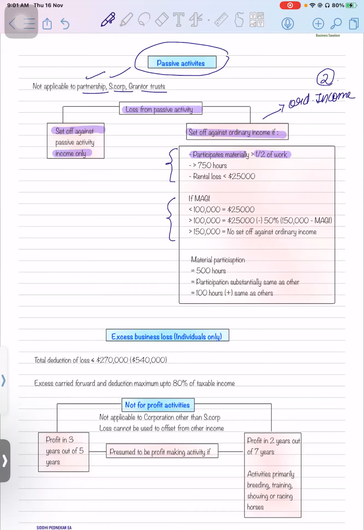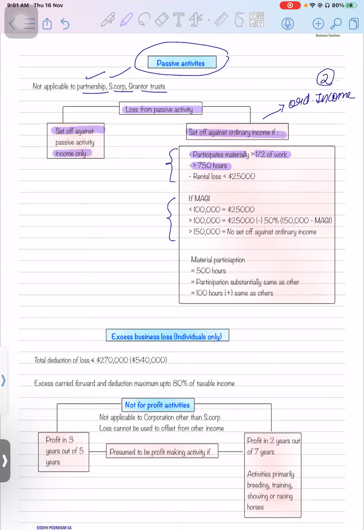Now, what do you mean by active participation? It will be more than 750 hours, right? Yesterday, I mentioned that if you're working for more than 750 hours during the whole year for that particular property, then it will be allowed to set off the losses against the ordinary income.